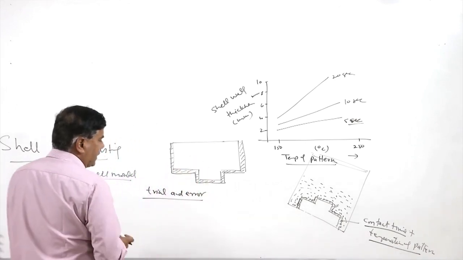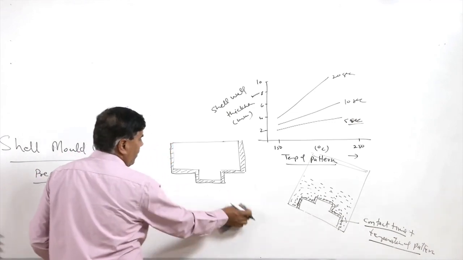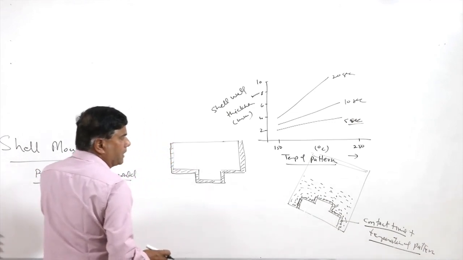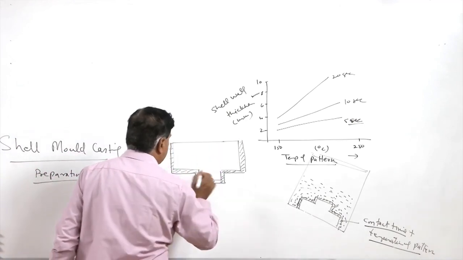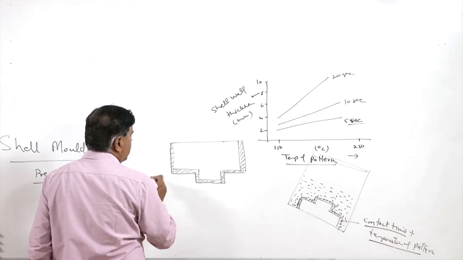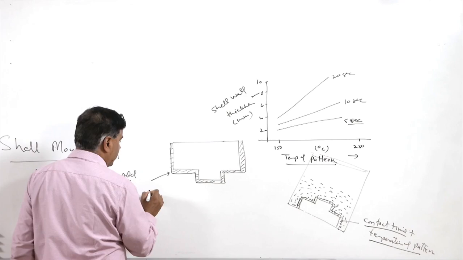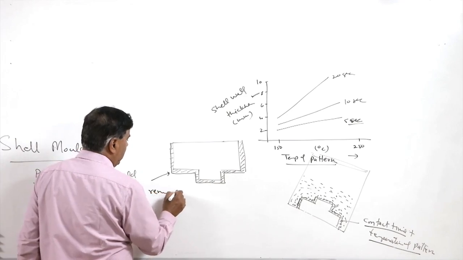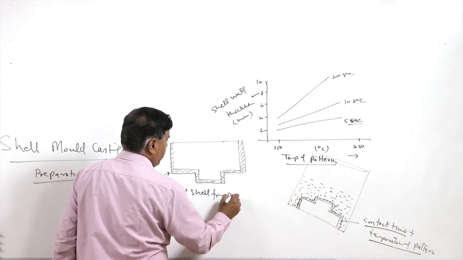So, as per the casting shape, geometry, and the size, the proper thickness is identified, and once the shell is made, then it is required to remove the shell from the pattern. So, removal of shell from pattern.